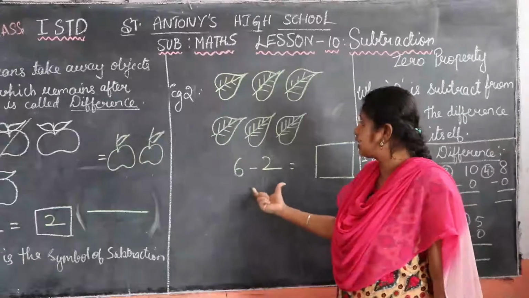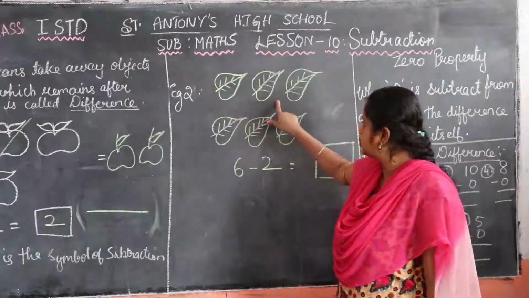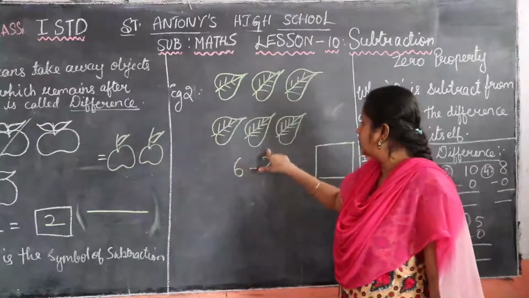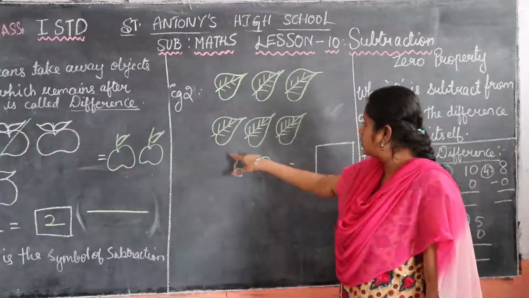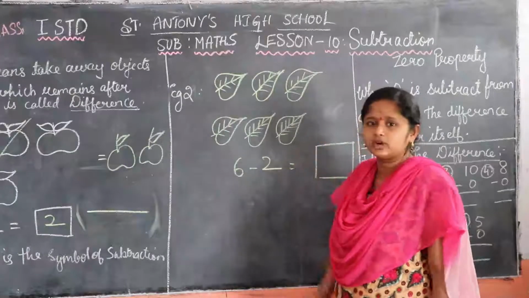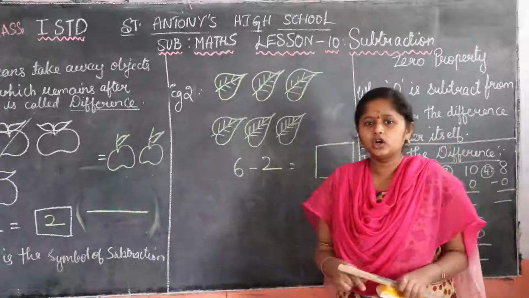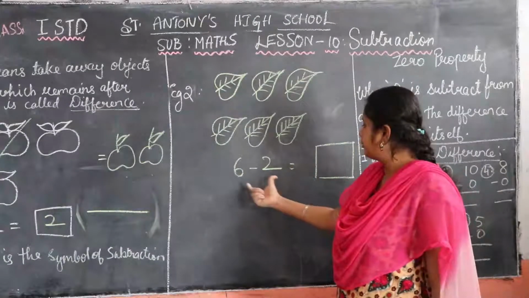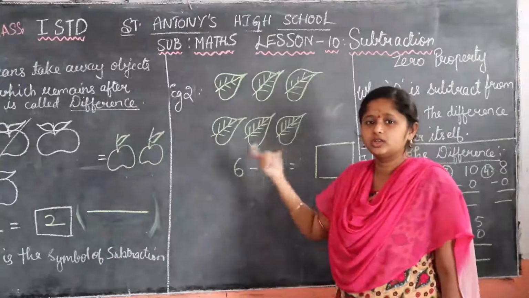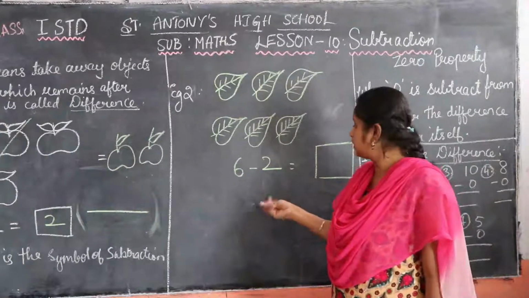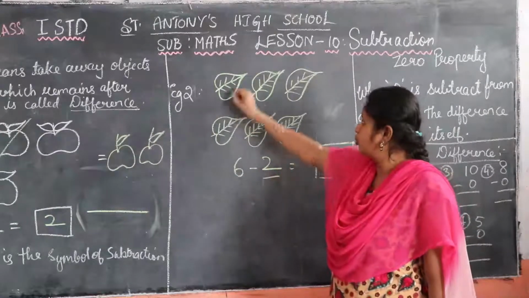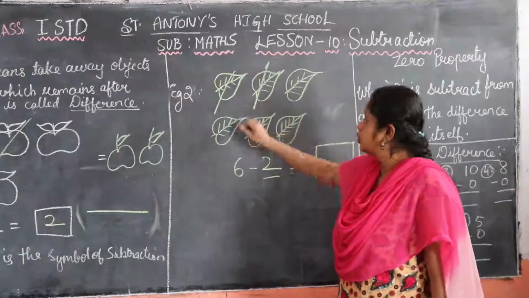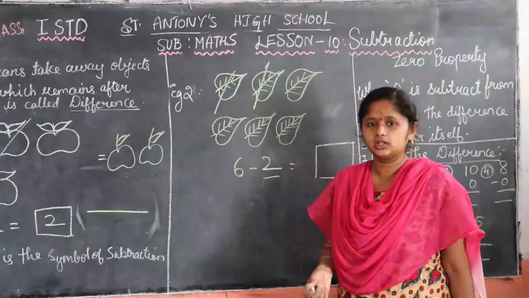So how many leaves are there here? 1, 2, 3, 4, 5, 6. So these 6 leaves you have collected to stick in your notebook. How many leaves have you stuck, children? 2 leaves. So 1, 2. 2 leaves you have stuck in the notebook.